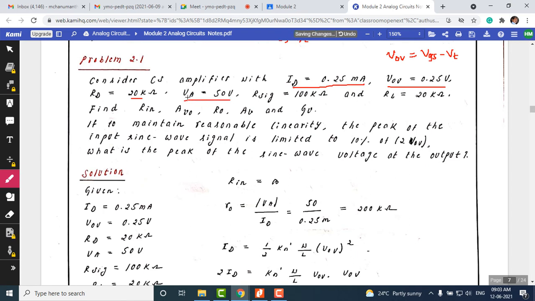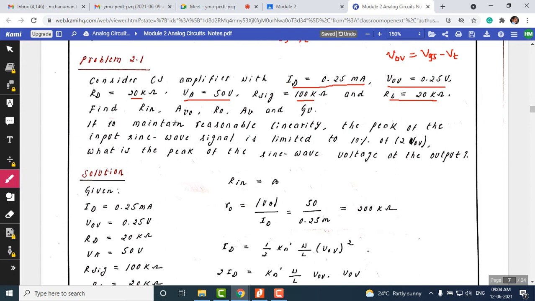Due to the channel length modulation effect, the early voltage will result, and that gives a value of 50 volts. Signal resistance is given as 100k. It is the internal resistance of the AC source, and load resistance is given as 20k. And here we need to find Rin, Avo, Ro, Av and Gv. These are the different parameters which we need to find from this problem.